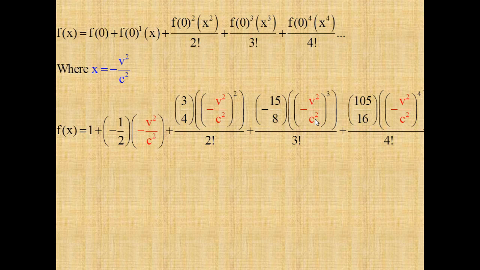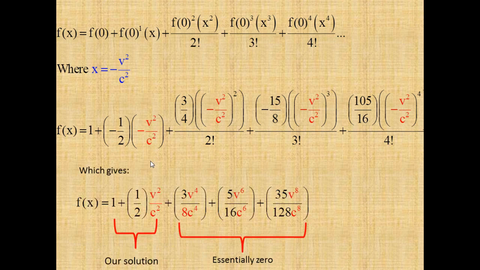Minus v squared over c squared raised to the power of 3 makes that a negative. Times itself one more time, makes it a negative, but then we have a negative 15/8 out here, so that makes it a positive. So all of these come out to be positive, and minus 1/2 times minus v squared over c squared makes that a positive. Okay.